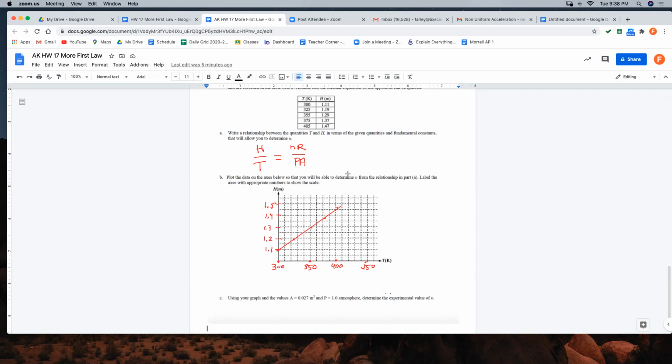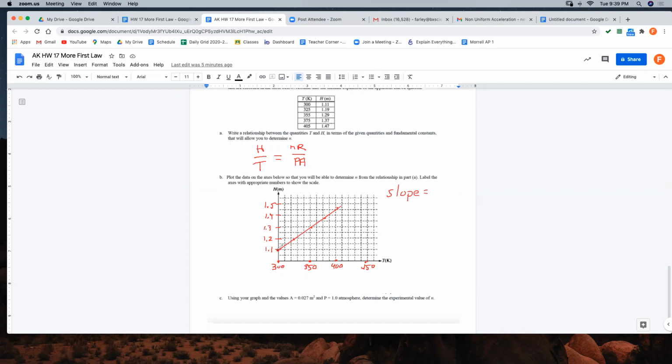So yeah, I'll figure out the slope. My slope is going to be my rise. So I'm going from like 1.1 to, let's say, 1.45. Let me see if I can find two better ones.